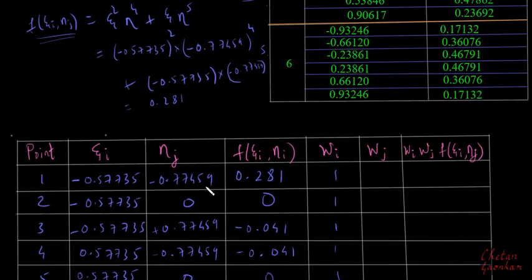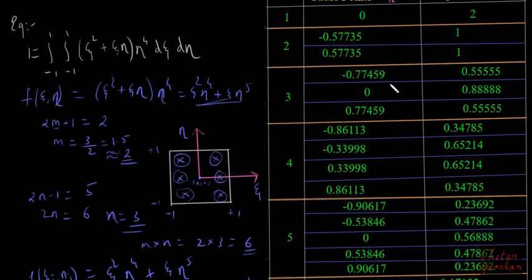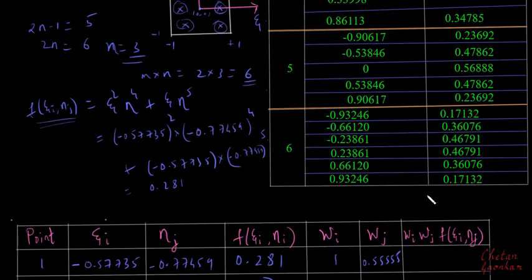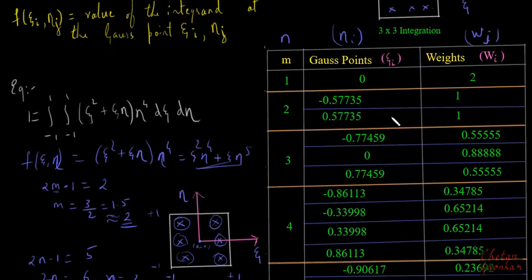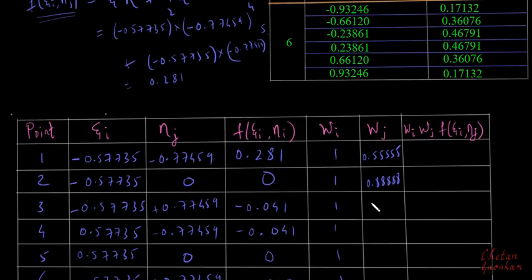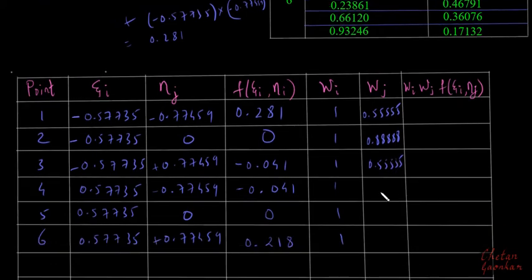And then similarly the weights for the eta points, that is minus 0.77459, 0, and plus 0.77459, are these: 0.55555, then for the second point, that is for 0, the weight is 0.88888, and then again 0.55555. And again it is 0.55555, 0.88888, and 0.55555.